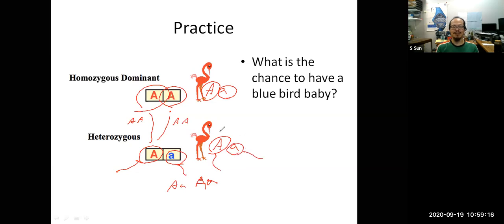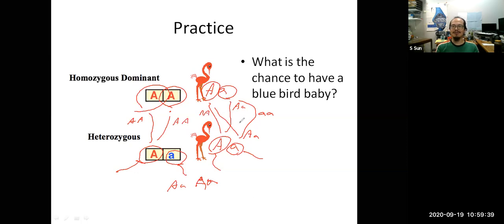Now if this meets this one, it's going to be AA. If this meets this one, it's going to be Aa, right? If this meets this one, it's going to be Aa. If this meets this one, it will be small aa. So you do have the chance.